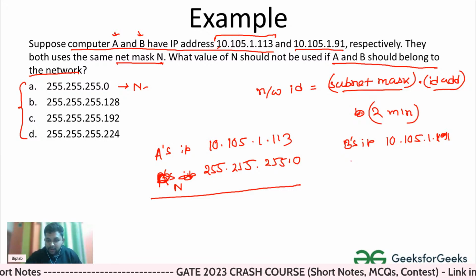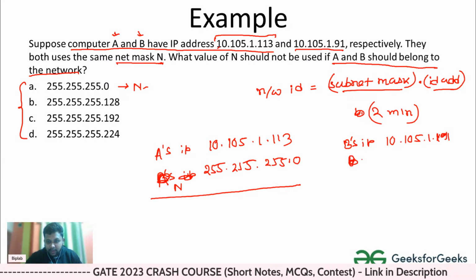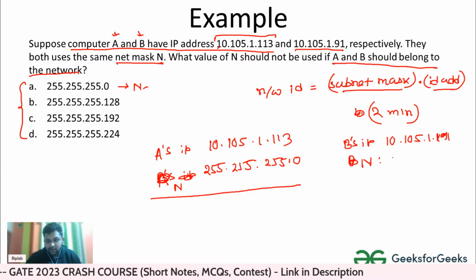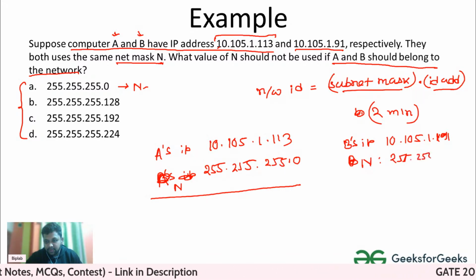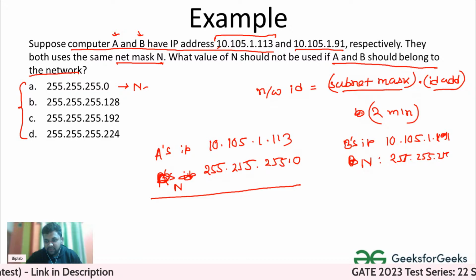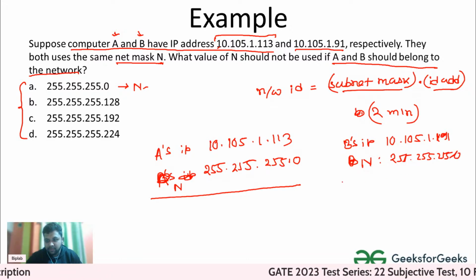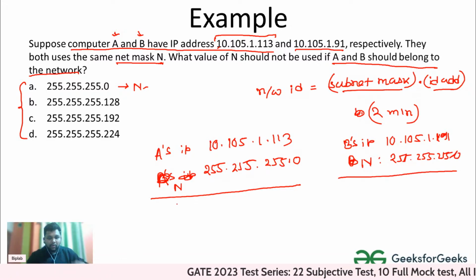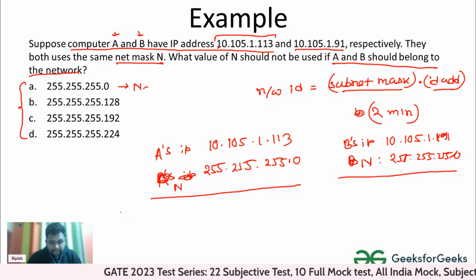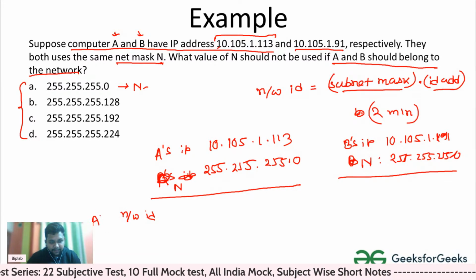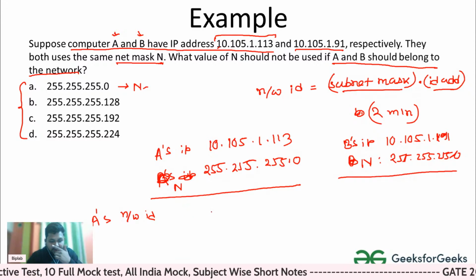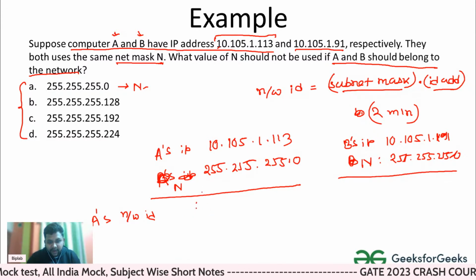The netmask for B is also the same, 255.255.255.0. Now what is A's network ID? It is the result of the AND operation.